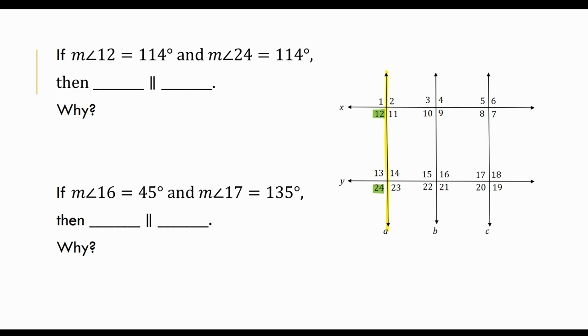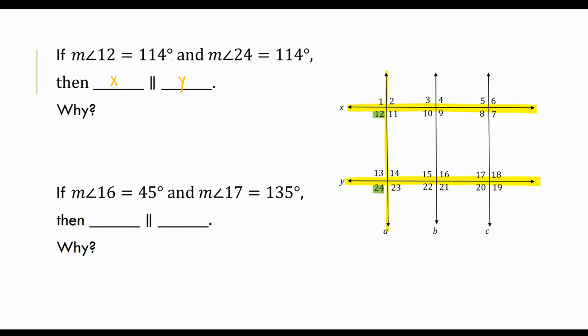So that means what are the 2 lines that are helping form angle 12 and angle 24 that are not going to touch each other? And hopefully we notice that that would be X and Y. So those are going to be the 2 lines that are parallel. And then I'm asking, why do I know they're parallel?